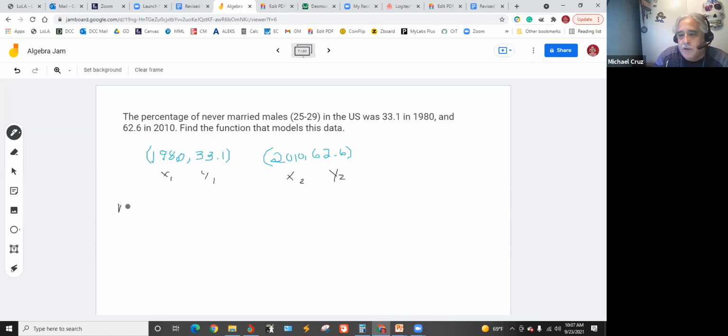So then the slope is, remember, y2 minus y1, so that's 62.6 minus 33.1.